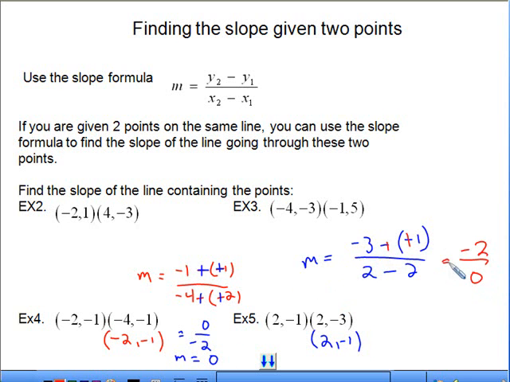Now, if you have 0 on the bottom, that's a different story. Remember, we can't divide by 0 in math. So if you have 0 at the bottom, this is no slope, or you could write undefined. So 0 on top equals 0 slope, and 0 in the denominator is no slope.